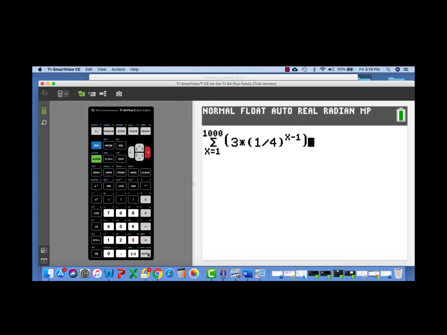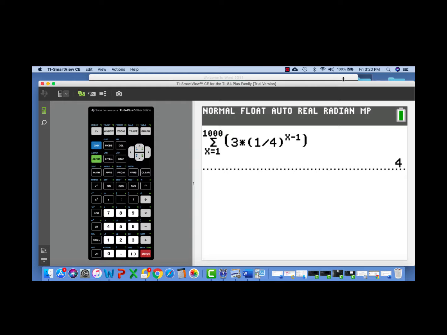Now I'm going to hit enter. Because we're asking the calculator to do 1,000 calculations, it's going to take a minute or two. So when you hit enter, you just have to be patient, but the answer will eventually pop up. You'll see at the top of your calculator that the little spinny thing is going. So just be patient and let it go. And it tells us that the answer is 4.